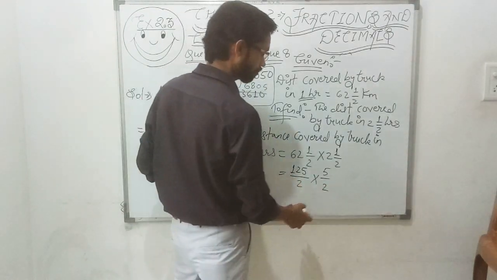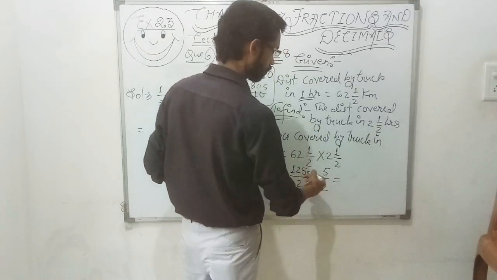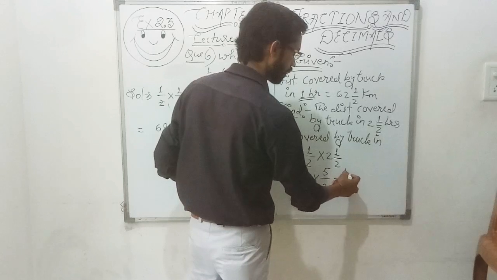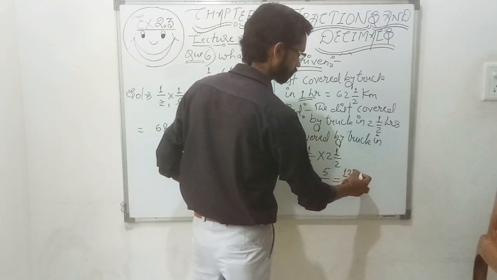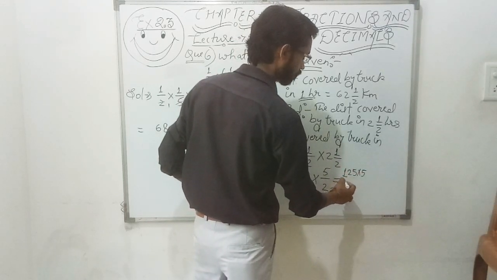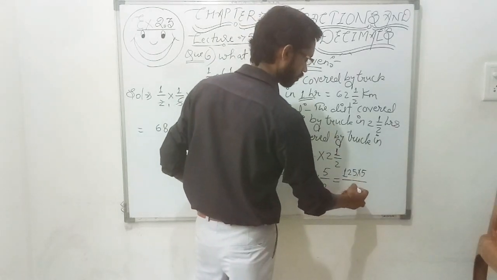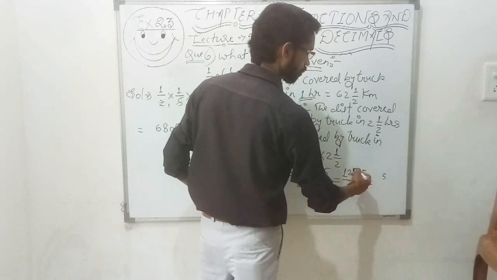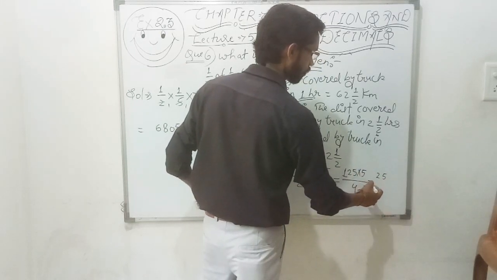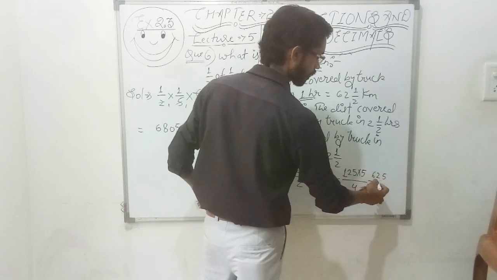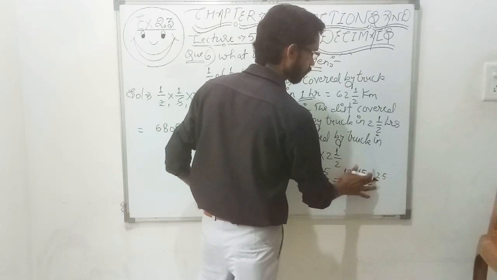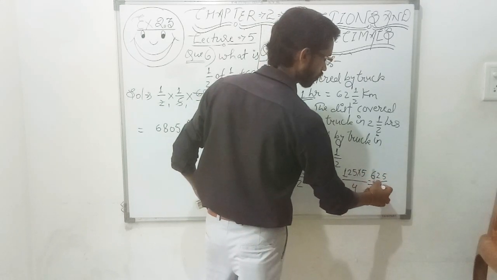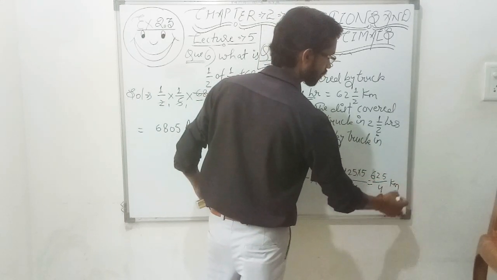So we'll write them as it is and multiply the numerator with the numerator and the denominator with the denominator. So 125 multiplied by 5 upon 2 times 2 is 4. 5 5s are 25, 5 2s are 10 and 2 is 12, 5 1s are 5, 6. So that means the distance covered by the truck is 625 by 4 kilometers.